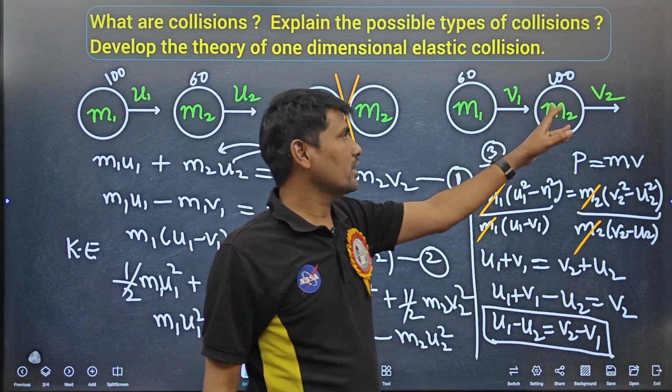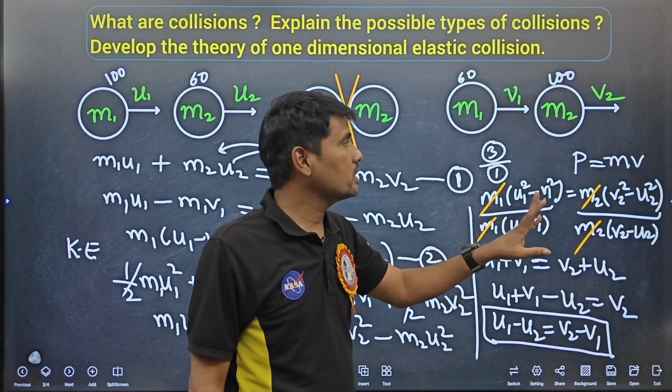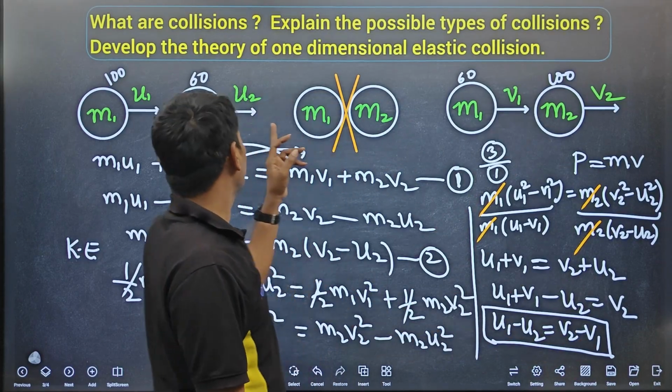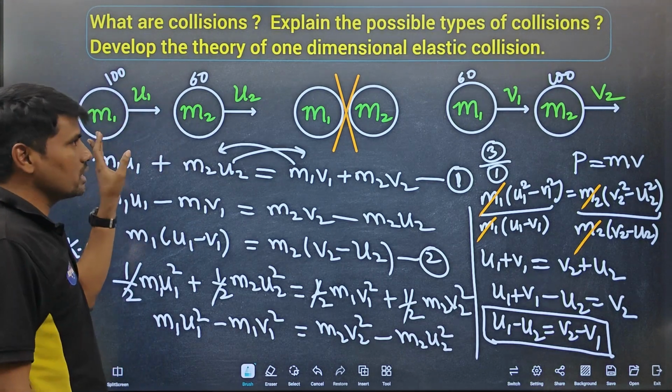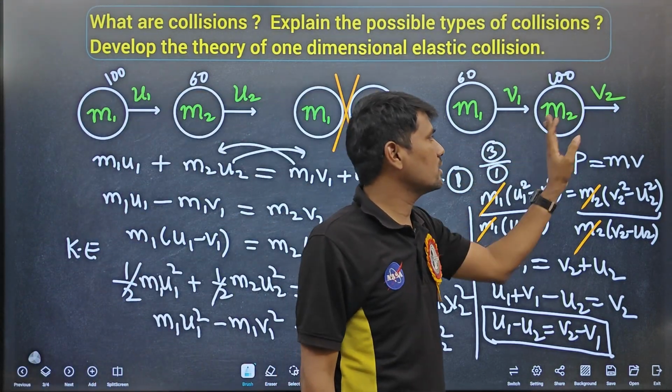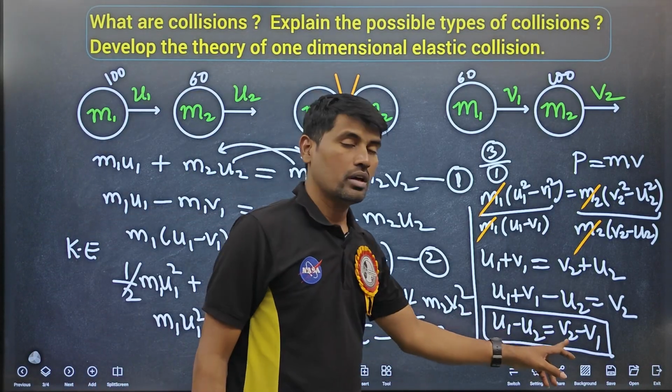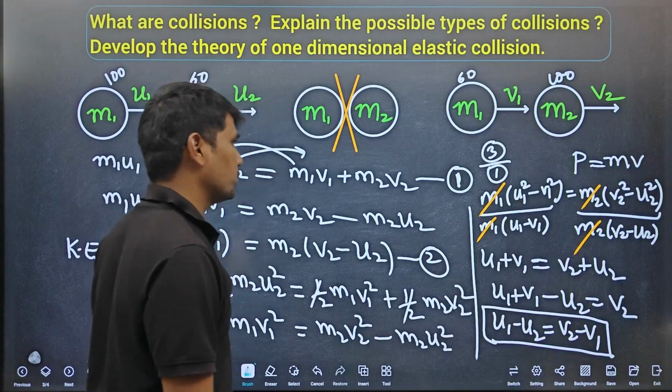Then here also the difference, v2 minus v1, is 40. So u1 minus u2 equals v2 minus v1. Initially before collision u1 is greater, after collision v2 is greater. So the relative velocity of approach is equal to the relative velocity of separation.